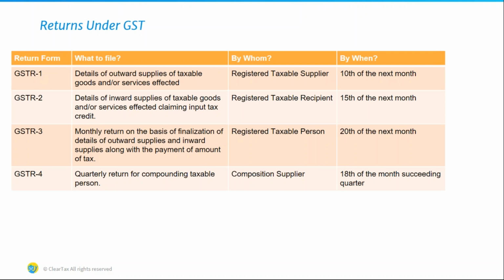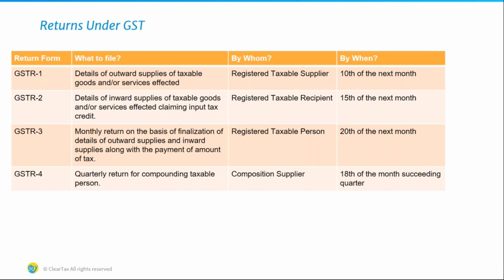So coming back to this slide. So under GST, we have GSTR1, which is the first return, goods and service tax return 1, which essentially contains the details of all the outward supply, all the sales that you have done. So for each tax period, for each month, every business is required to file, to upload all the outward supplies that they have made, and this information is required to be filed by 10th of next month.